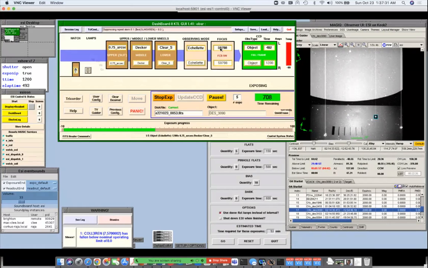Chinsu and Yuting, this focus box here of 59798, is this the spectrograph focus? It's not the telescope focus, presumably. Yeah, I think that's the internal focus.